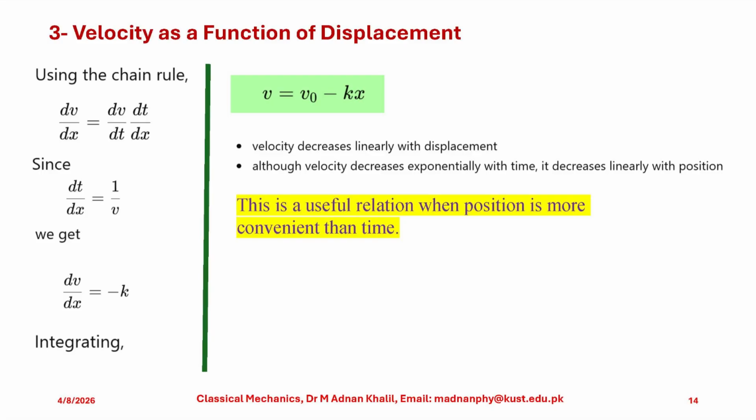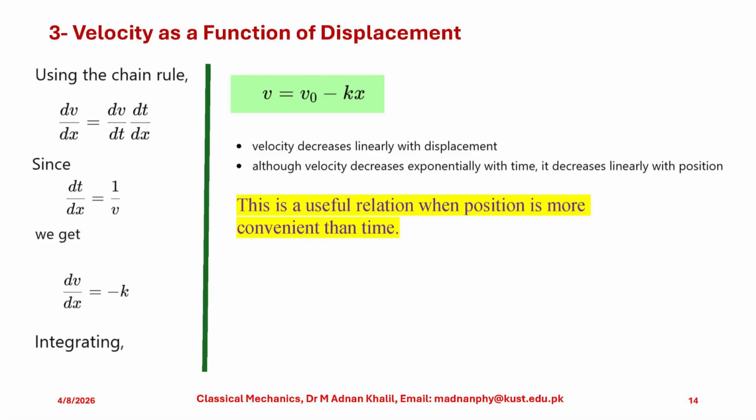Here we discuss the physical meaning of the result obtained on the last slide. The equation v equals v naught minus k times x tells us that for every additional increase in displacement, the velocity drops by a fixed amount proportional to k.